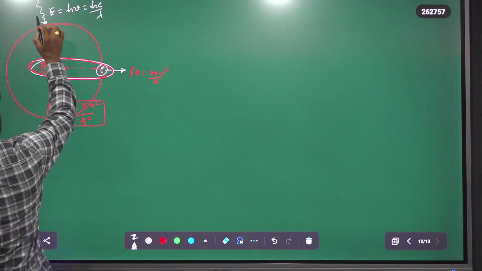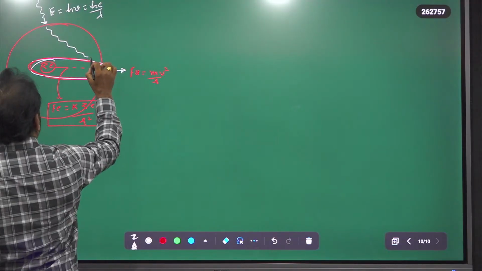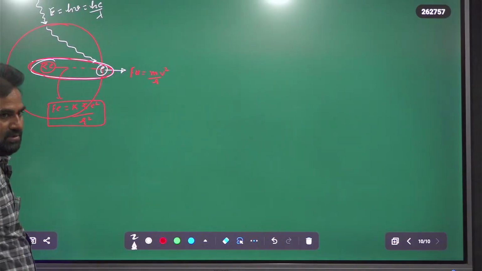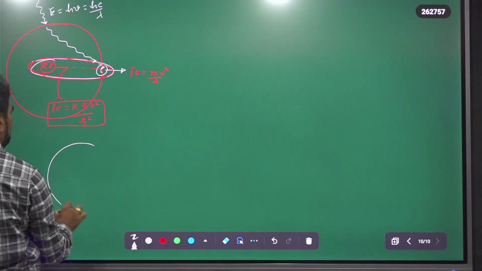Some amount of this incident energy is received by the electron and it breaks this bond.